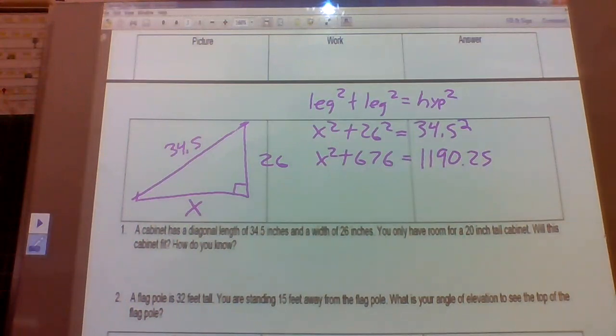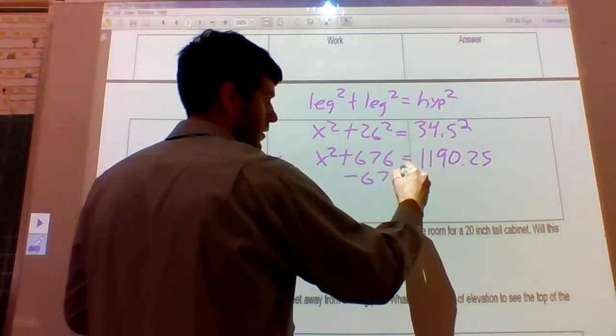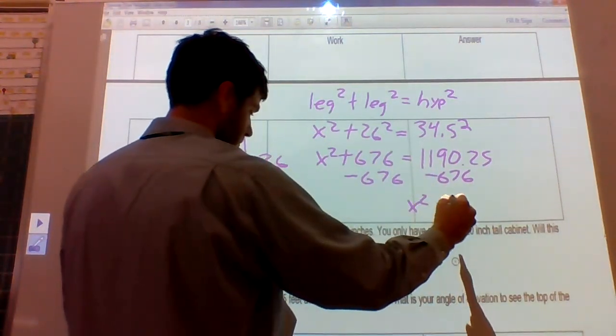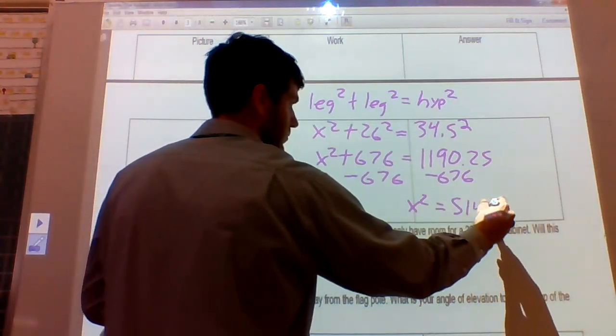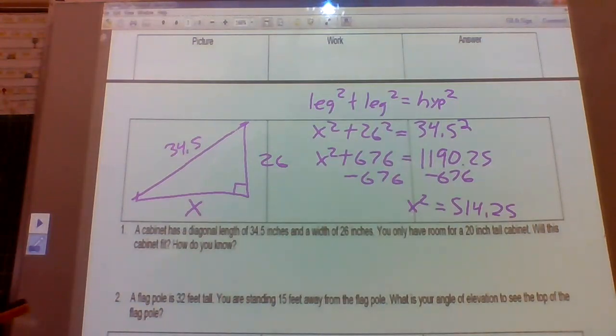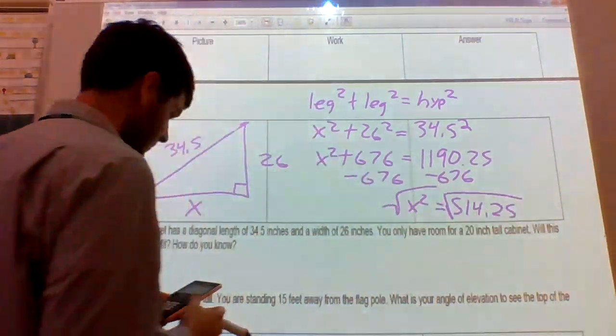We can subtract 676 from both sides. So we get x squared equals 514.25. We want to get x by itself, so we need to take the square root here. There's no way this is going to fit.